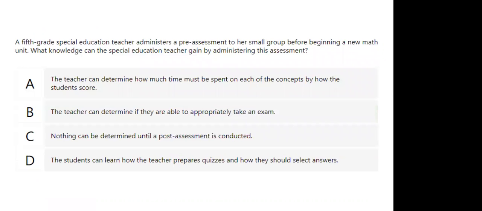A fifth grade special education teacher administers a pre-assessment to her small group before beginning a new math unit. What knowledge can the special education teacher gain by administering this assessment? What knowledge can the special education teacher gain by administering this assessment?